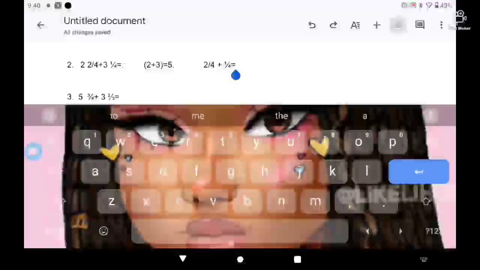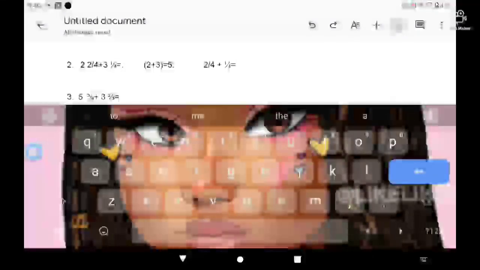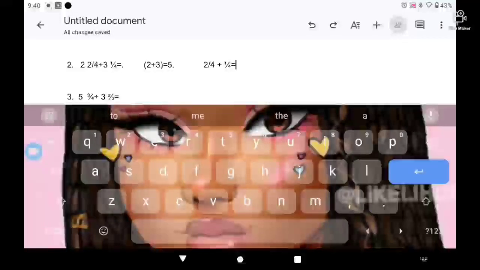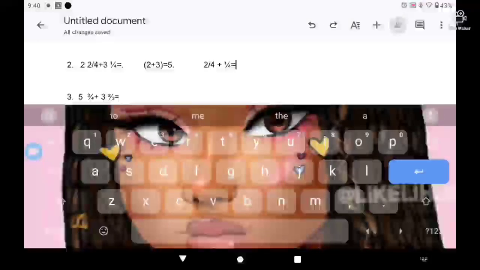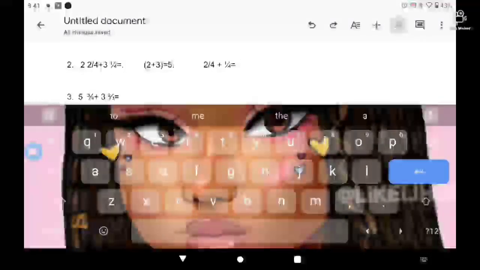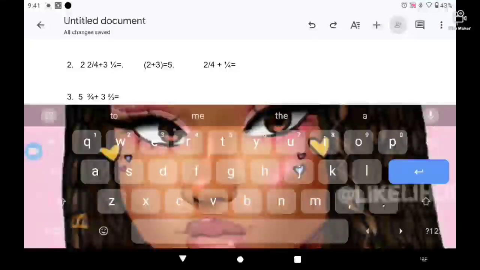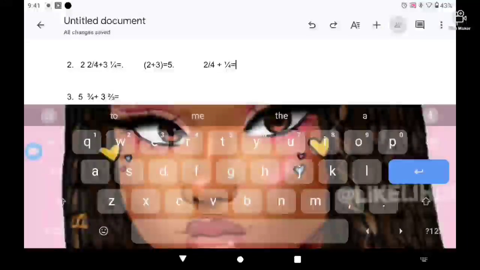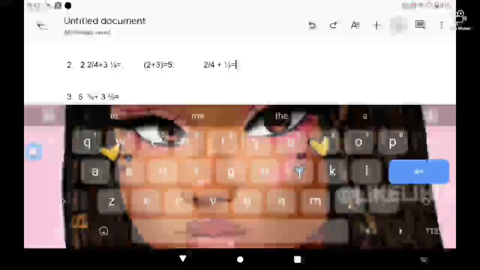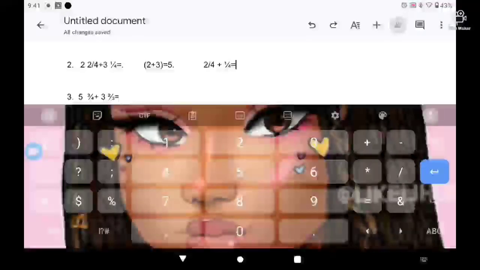First, we start off by adding the numerators. What are the numerators? Our numerators are 2 and 1. Our new numerator is 3, because 2 plus 1 gives you 3. So we put a 3, and then we look at the denominators, which are 4 plus 4.